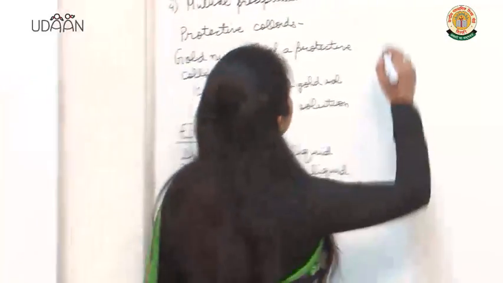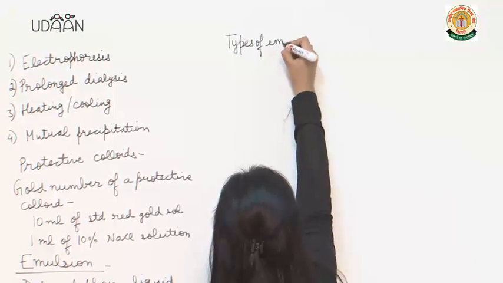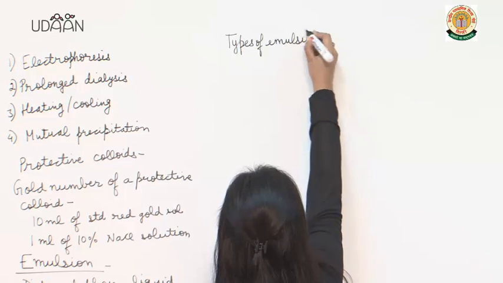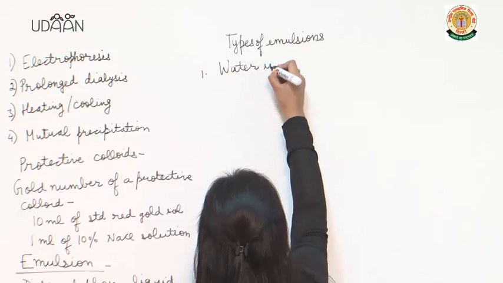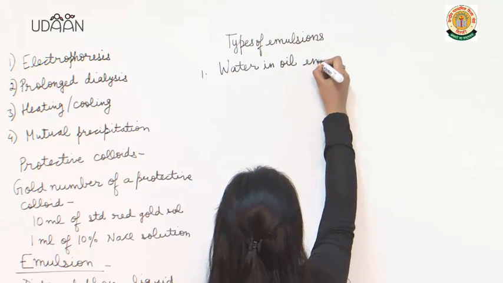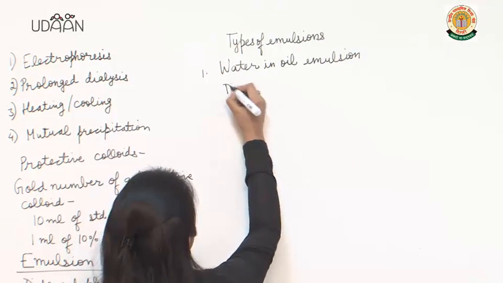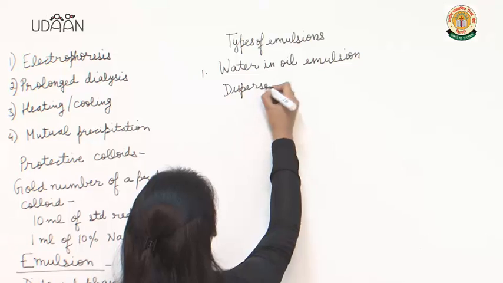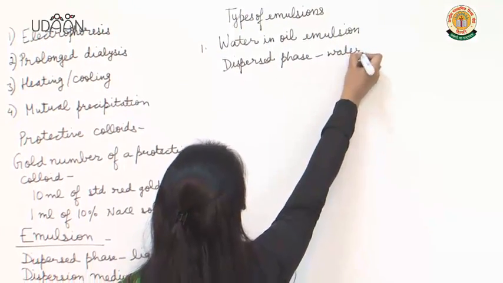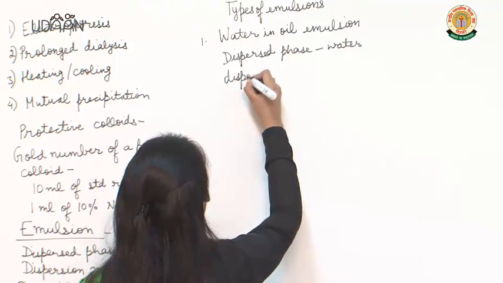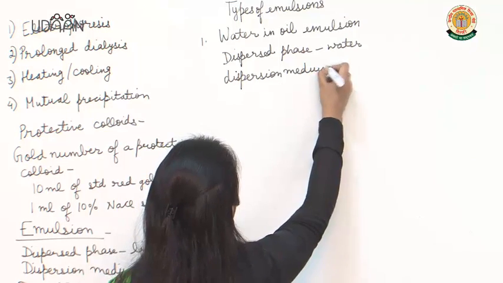Now what are the types of emulsions? Water in oil emulsion. What is the meaning of water in oil emulsion? That is, the dispersed phase is water and the dispersion medium is oil.